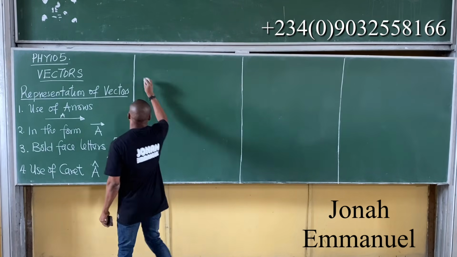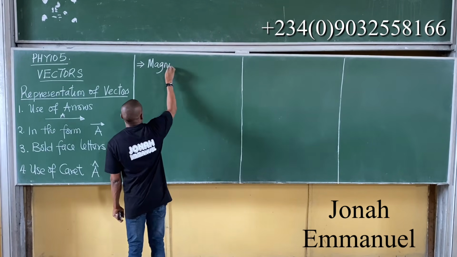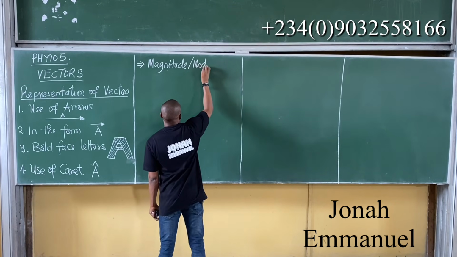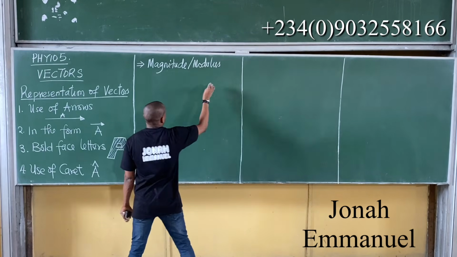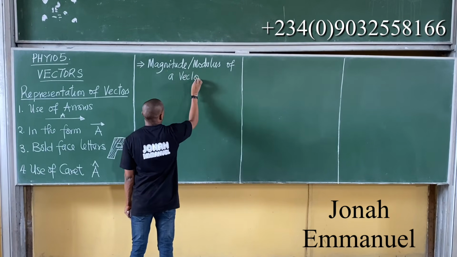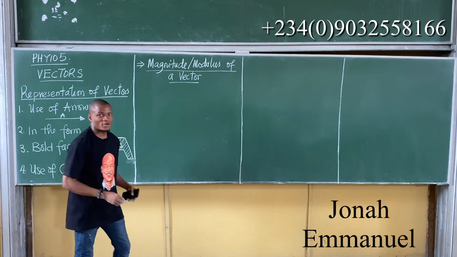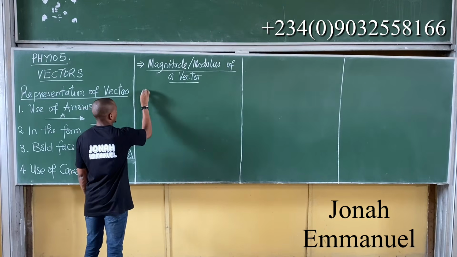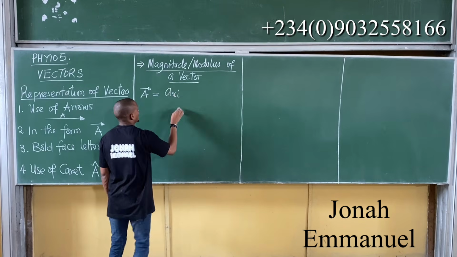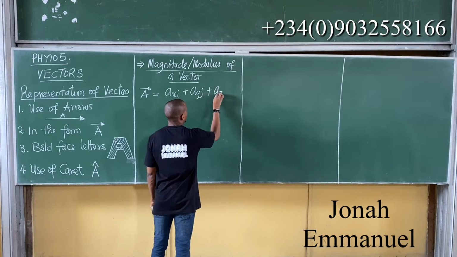Next up, let's look at what's called the magnitude of a vector, also called the modulus. Magnitude or modulus of a vector. Consider a vector A equal to AX i plus AY j plus AZ k.